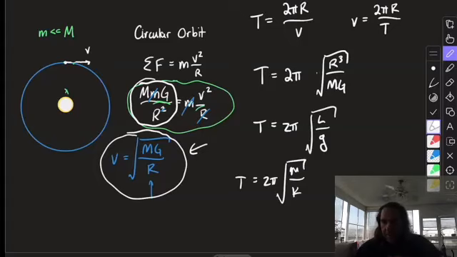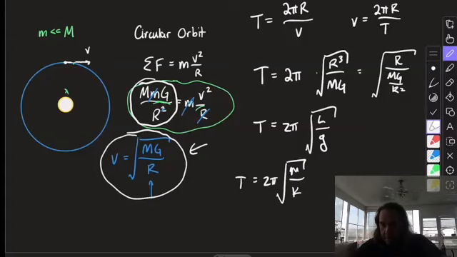Now, this is just because I like to make sure everybody understands that there's something magical here. If you rewrite this, you can rewrite this as r over mg over r squared. I'm doing that because the top part is how far away the object is.